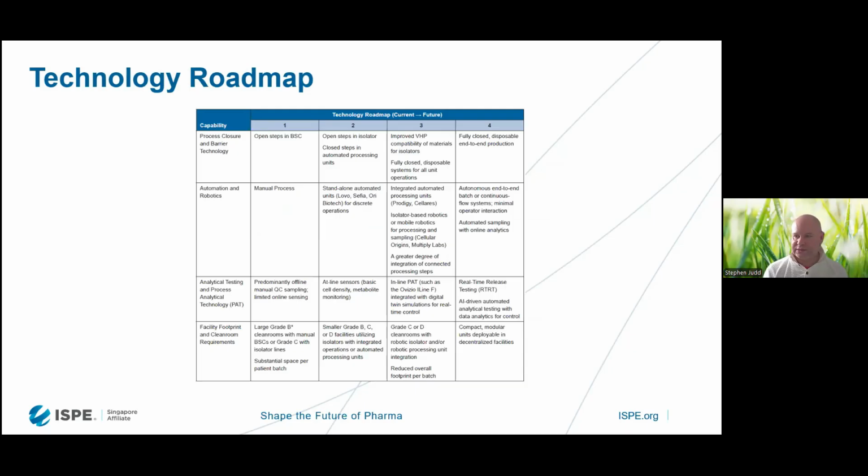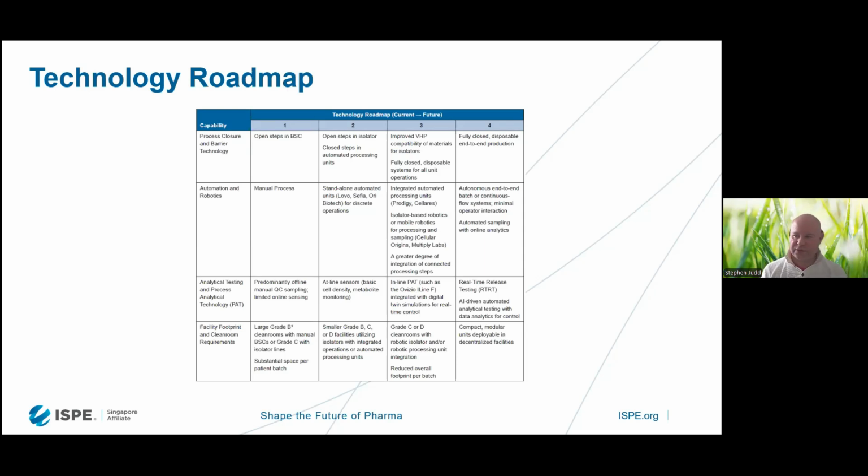We're now at stage 3, which is where robotic systems are becoming more prevalent. They're still in somewhat of a discovery phase to get them into an efficient way of manufacturing, but we are in that stage 3 area at the moment.